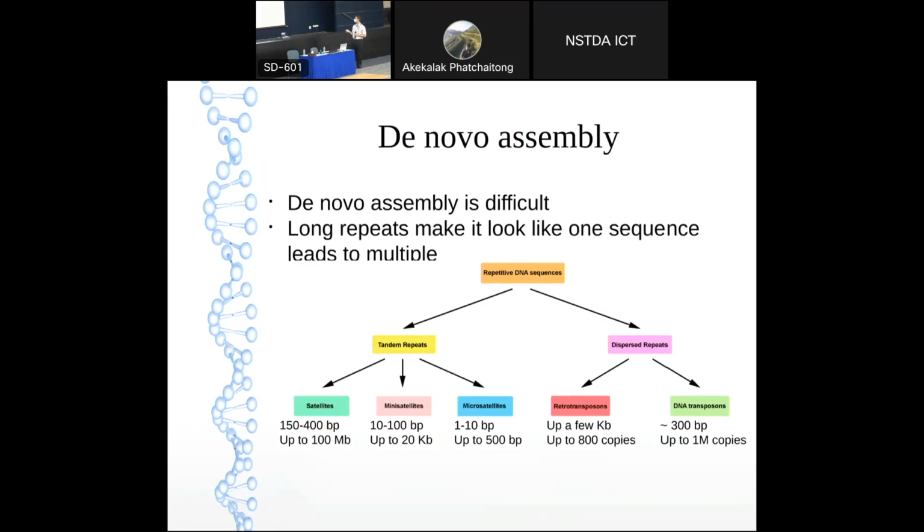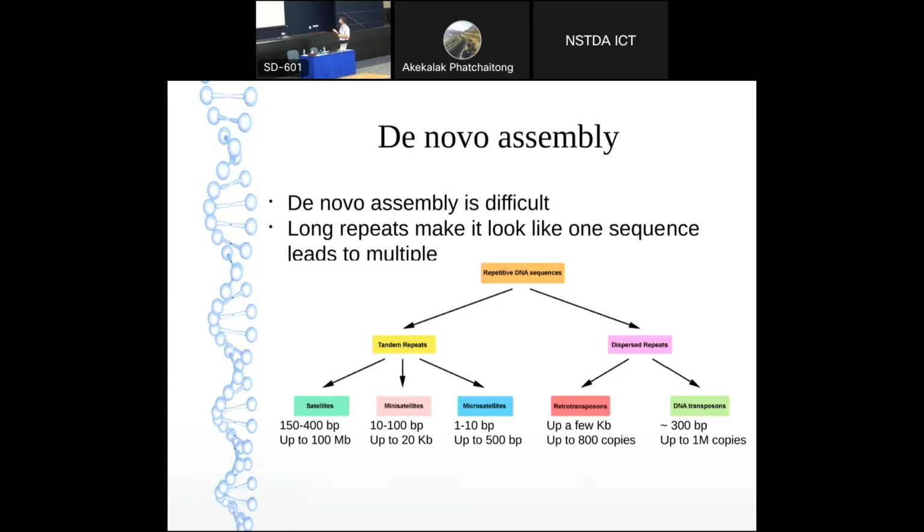They consist of satellites, which are 150 to 400 base pairs, occurring in runs up to about 400 megabases. We have minisatellites, which are 10 to 100 base pairs per unit, and they repeat up to about 20 kilobases in runs. And then microsatellites, which are 1 to 10 base pairs, and you get runs of those up to about 500 bases.